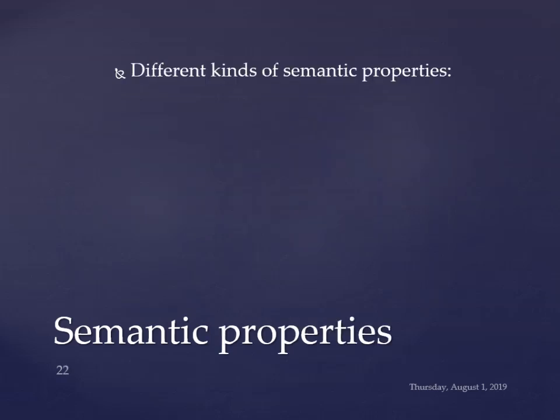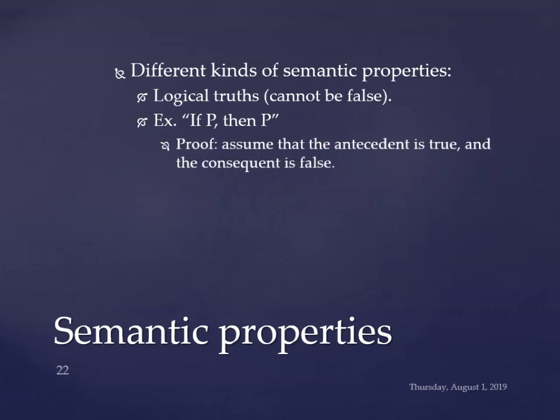There are different kinds of semantic properties. Here's a couple. Logical truths are sentences or assertions that cannot be false. An example: if P, then P. That is a logical truth, and I can prove it. Let's assume that the antecedent is true and the consequent is false. That's the falsification criterion for an if-then statement in our language.